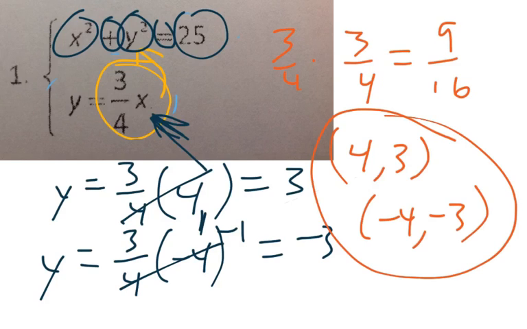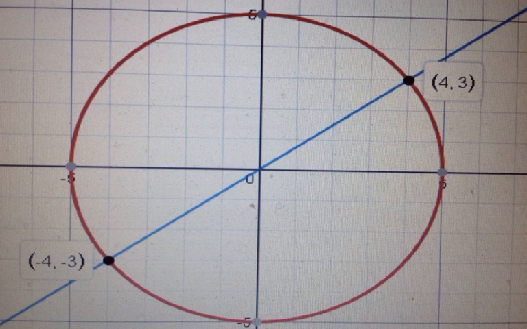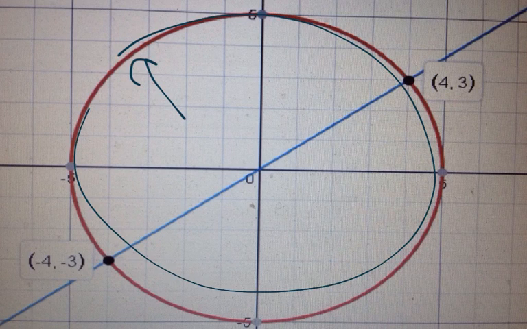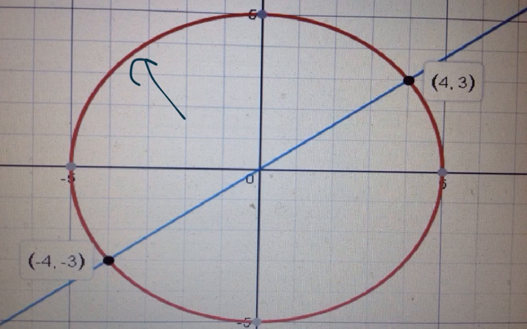Now guys, what's really important and cool to understand though is, what the heck do those two answers mean? Well, I just so happened to have graphed our linear quadratic system. As you can see, I have the red circle here, going around. And I have my line here, the blue line going through the circle like so, right?